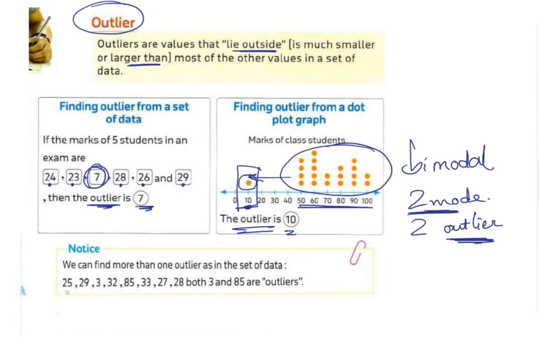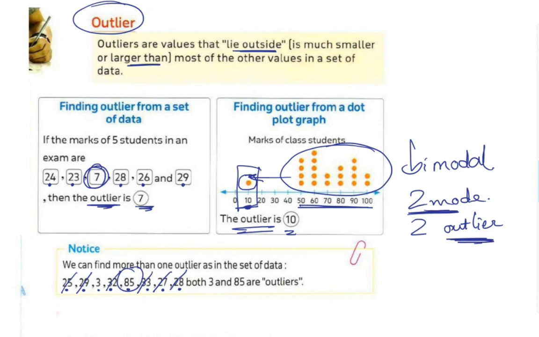Look here, we have 25, 29, 32, 30, 50, 85, 33, 26, 28, and here we have 3. So these are 20s and 30s, all of these values between 20 and 30, but this value is 85.